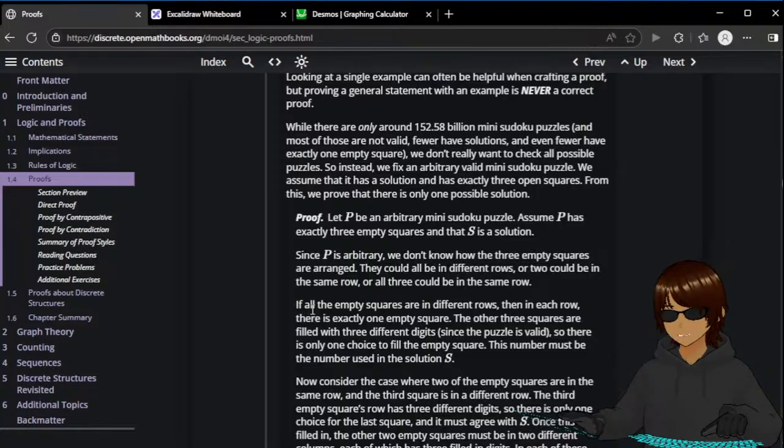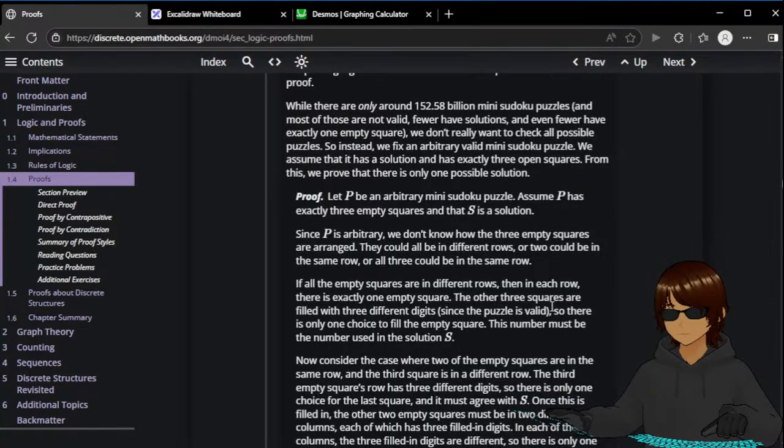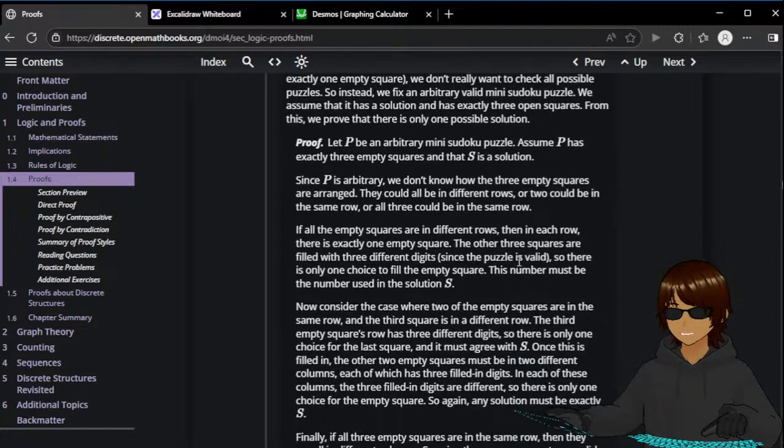If all the empty squares are in different rows, then in each row there is exactly one empty square. The other three squares are filled with three different digits. So there is only one choice to fill the empty square. This number must be the number used in the solution S.